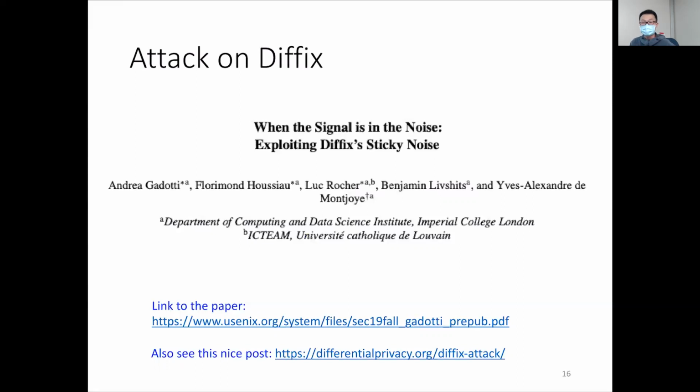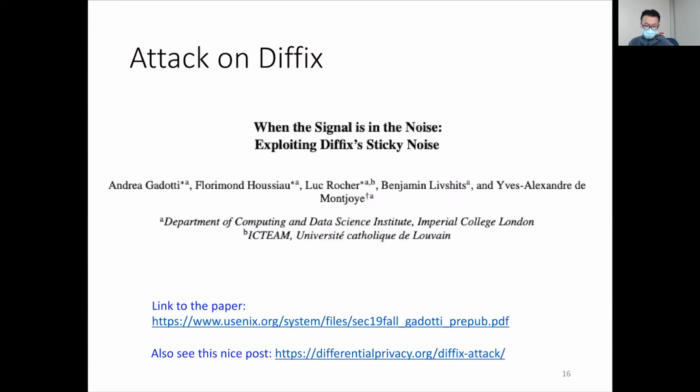They've given a pretty detailed description of how to break this seemingly very strong protection tool that Diffix has implemented. Yeah, so it's a very interesting story. If you're interested, you should take a look at this blog post and also at the paper itself.